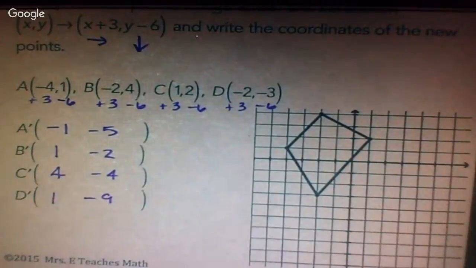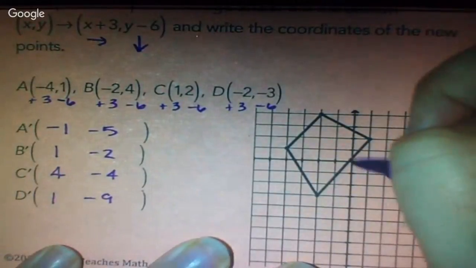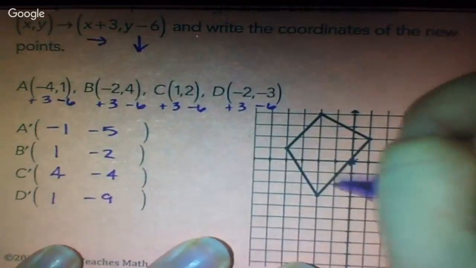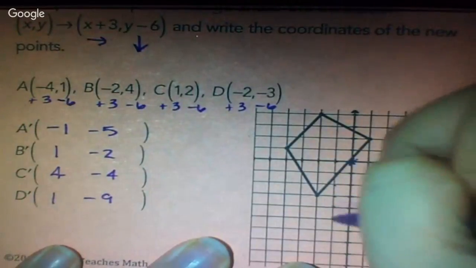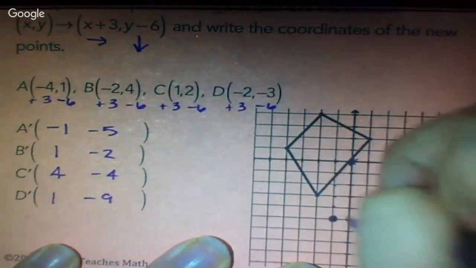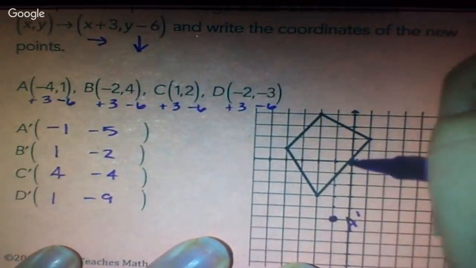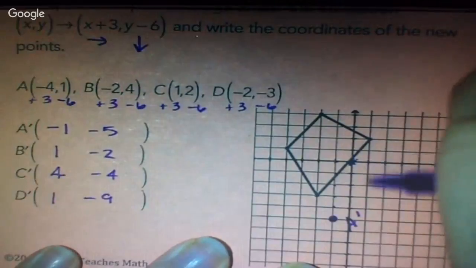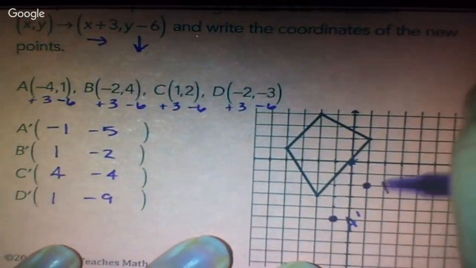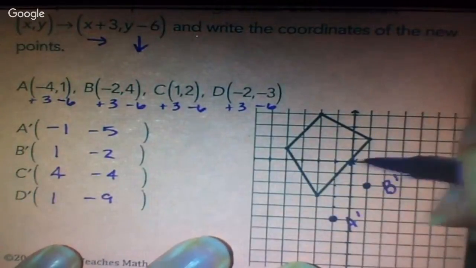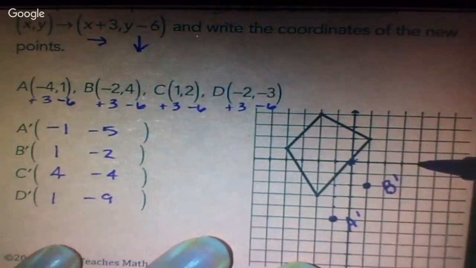Nice and easy. So negative 1, 5 means from the origin, which is right here, we go left 1 and down 5. So here is A prime. B, 1 to the right and down 2. Here is B prime. C, 4 to the right and down by 4.